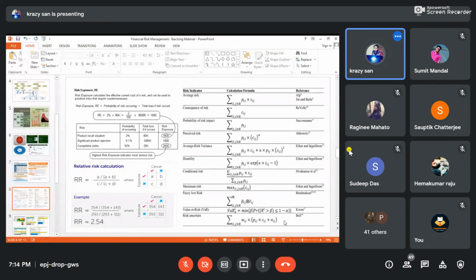Over here I have given 354 to a and 143 to b, exposures 1, and when calculated it comes to 2.54. In the same slide you can see different formulas to calculate risk, like average risk, consequence of risk, probability of risk impact, perceived risk, average risk variance. These formulas should be properly learned, and you should be able to use them properly, because we'll see that in the practical session.